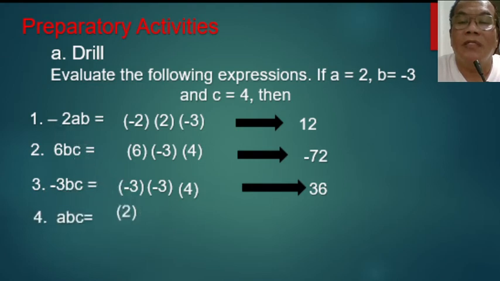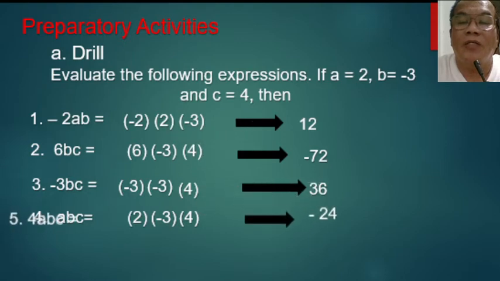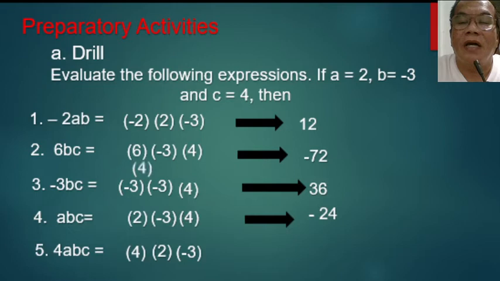So substitute: +2 times -3 is -6, times 4 is -24. And the last one is 4ABC. So you have +4 times +2 is 8, times -3 is -24, times +4 is equal to -96.